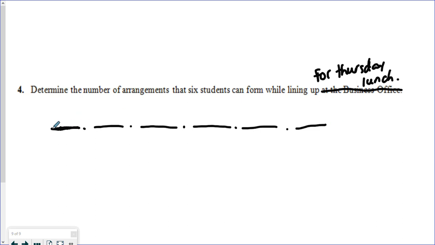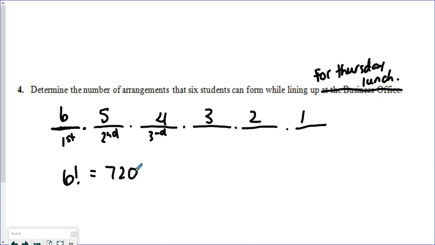So the very first at the door, first to get the meal, whatever it is. There are 6 different kids that could be there. In the second position, the person who's in first is not also in second, so 5. Whoever is in first or second is not also in third, so 4 times 3 times 2 times 1. The other way you could write that is 6 factorial, which we did on the previous page, is 720.